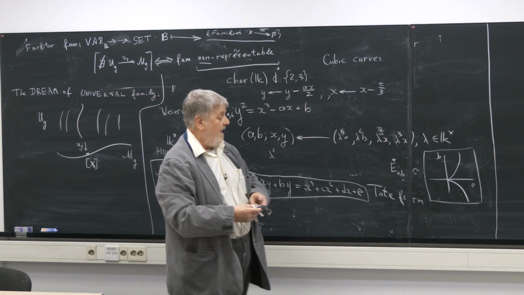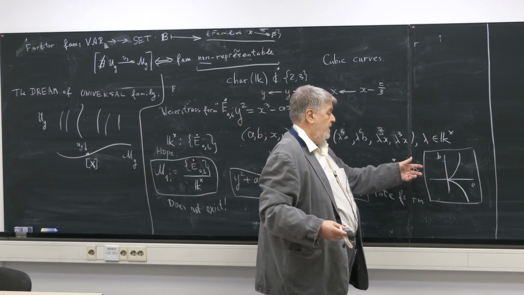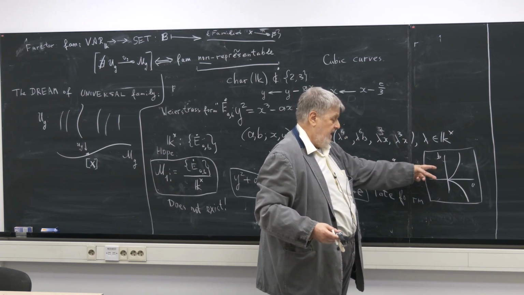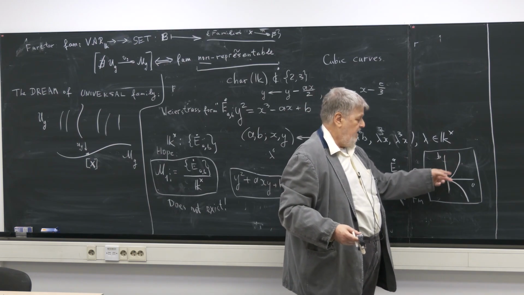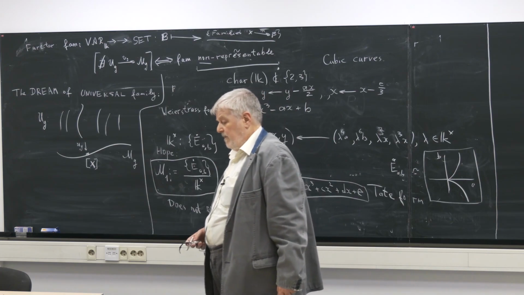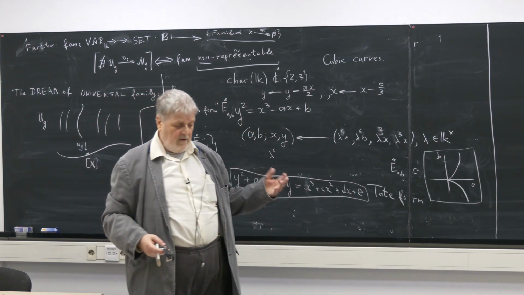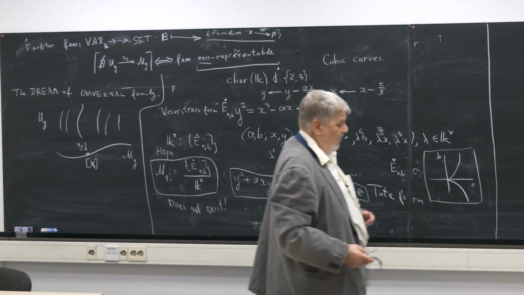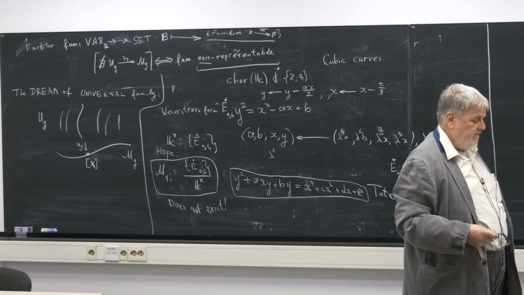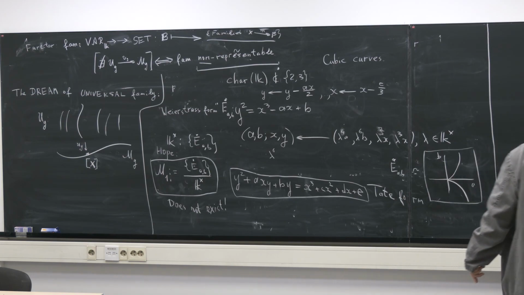So we have a very nice action of the multiplicative group on the plane, either on the whole plane or on the complement to the semi-cubic parabola. But the quotient over this action does not exist in the category of algebraic curves. Well, if it existed, it would of course be a curve.